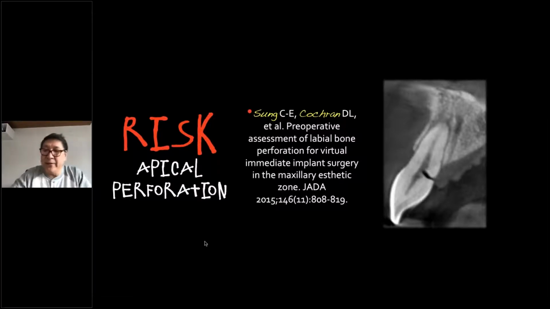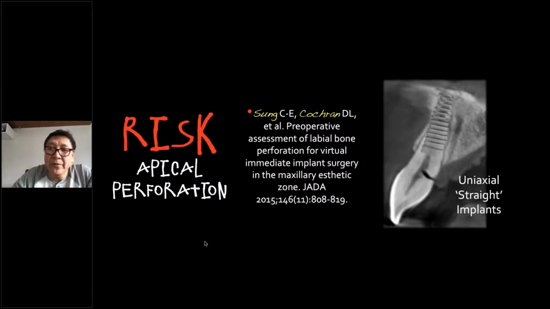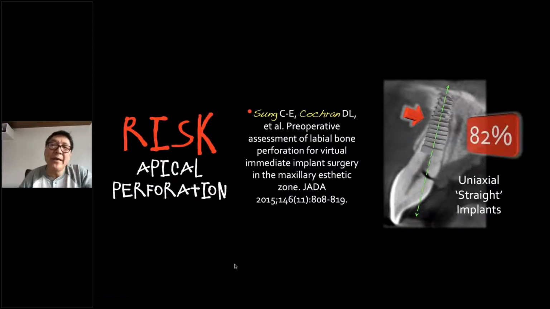They looked at the risk of apical perforation if you use straight or uniaxial implants and try to take more of a cingulum approach to placement, so you can do a screw-retained restoration. Hence, you bring the apical part of the implant closer to the buccal plate at the apex, and the risk of apical perforation was staggering. What they reported was about 82%, and that number is extremely high.